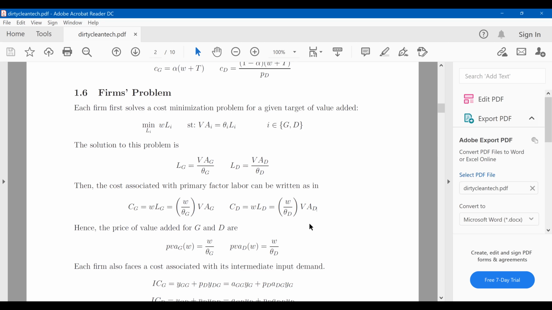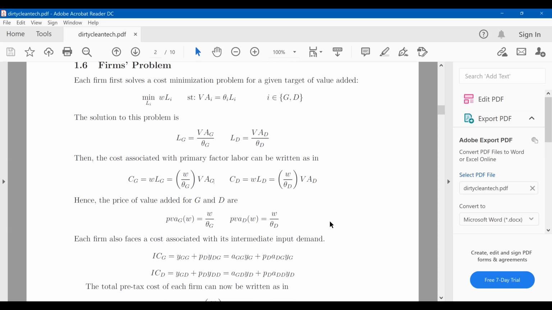Remember, price of value added is the cost of producing 1 unit of value added. So here we can then find the price of value added for the green good and the price of value added for the dirty good. Because again, the constant returns to scale assumption allows me to write the factor cost in these ways.